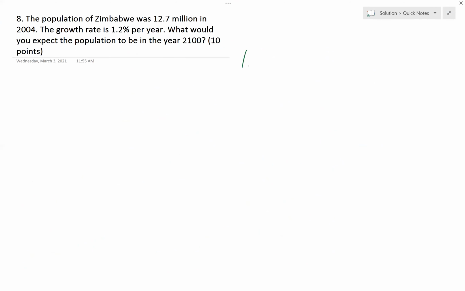So this model comes with N(t) equals N0 times e to the rt, or kt. And in order to use a formula, we need to know something, right? At least three things out of 4. But there are 4 variables here. So here we're assuming in 2004, that's where the initial population occurs, the initial condition.